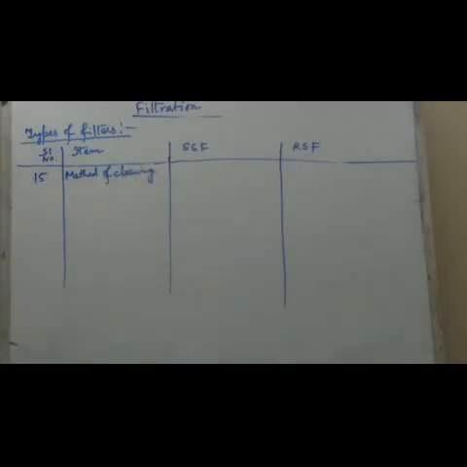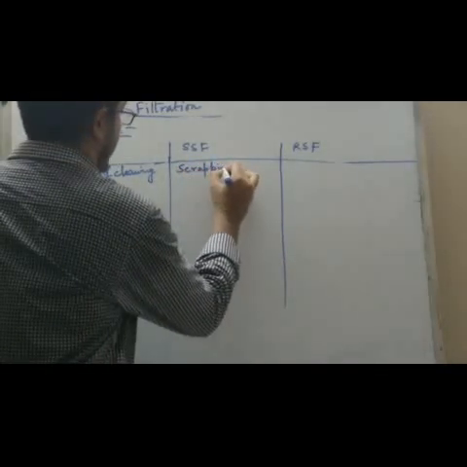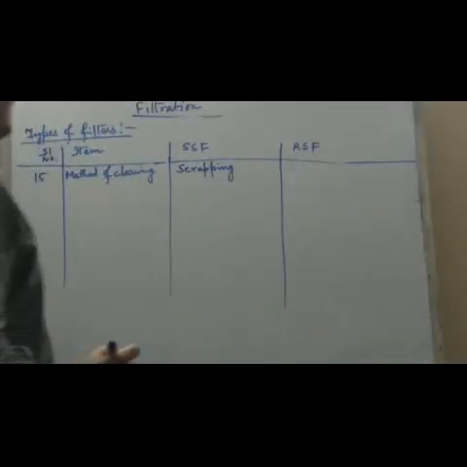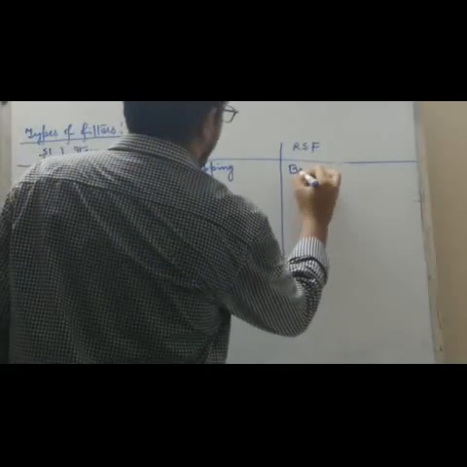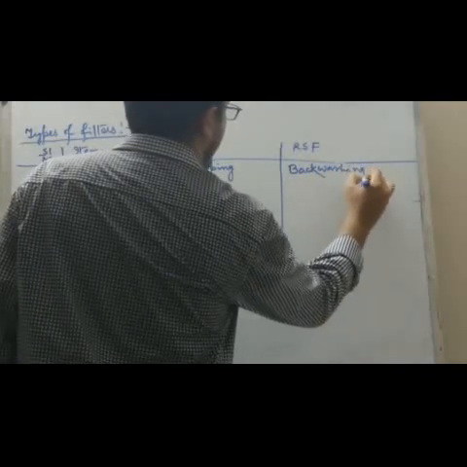For slow sand filter, it is by scraping. And for rapid sand filter, it is backwashing, which I have already discussed.